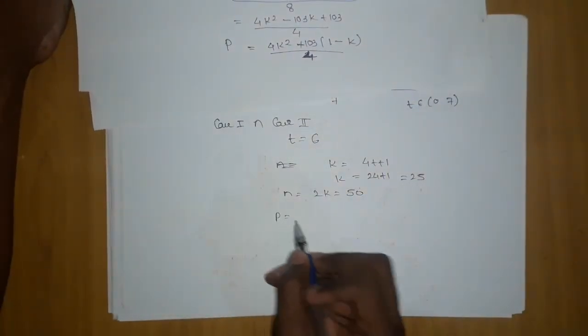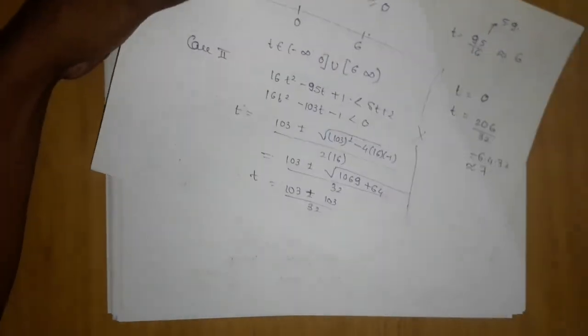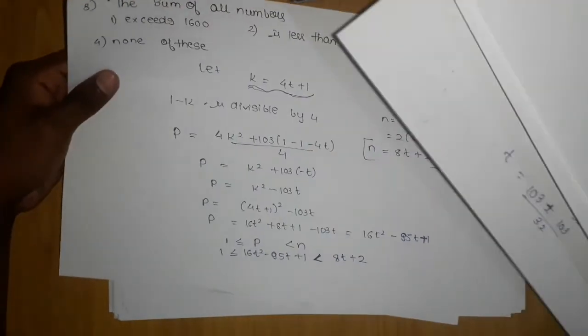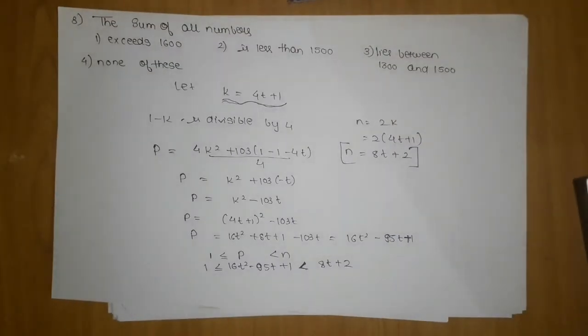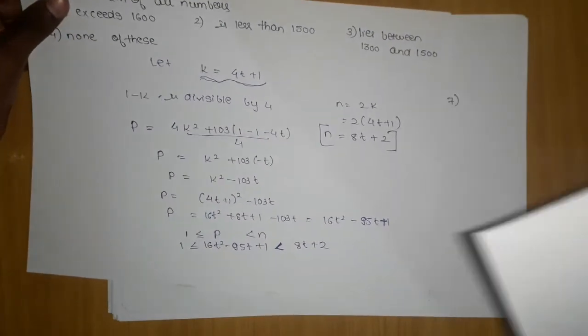The removed numbers were p, p plus 1. Here we took k as some value.